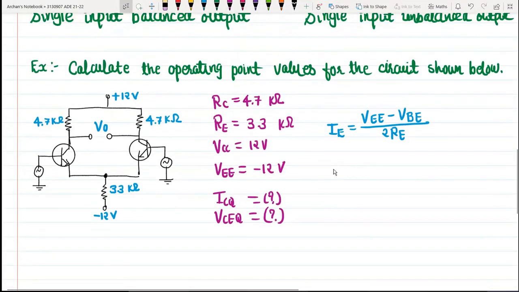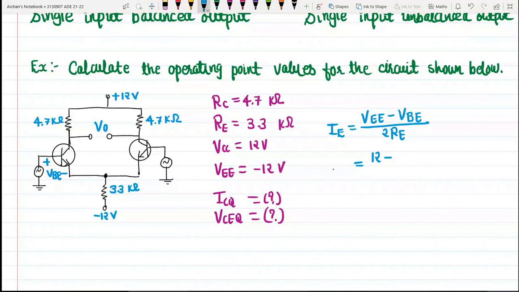So in this equation now, we will have VEE equal to 12 volt minus VBE, the voltage between base and emitter. Over here, this is my voltage VBE. Now it is not given to you whether the transistors are made up of silicon material or germanium material. So whenever the data is not given to you, we need to consider that these transistors are made up of silicon material only, because most of the transistors are manufactured using silicon.